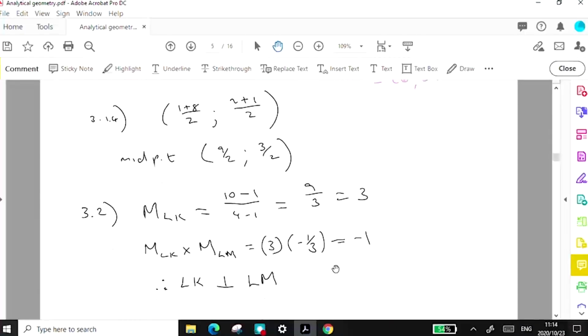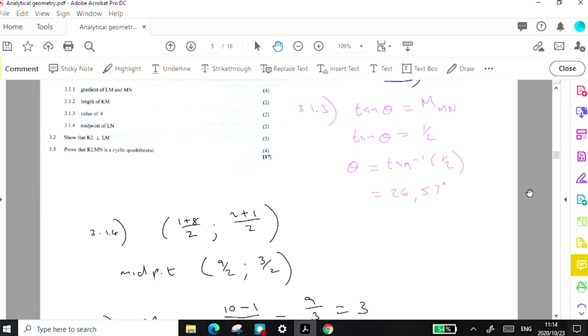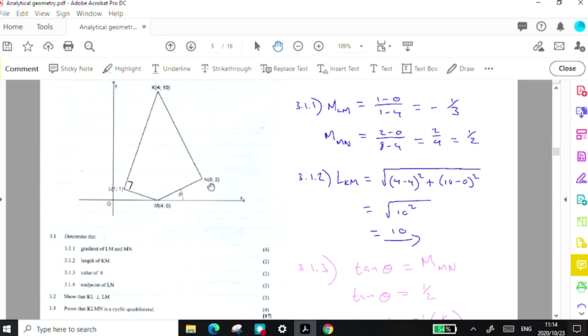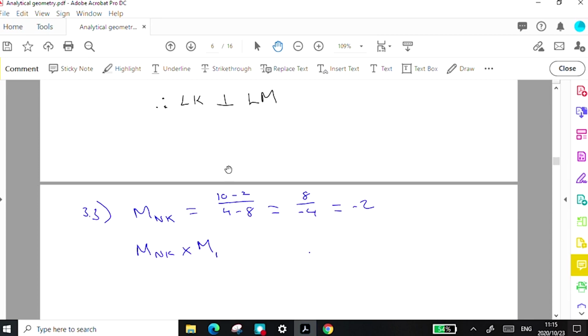You can clearly see that the gradient of NK multiplied by the gradient of MN is equal to minus 2 times half, which is equal to minus 1.